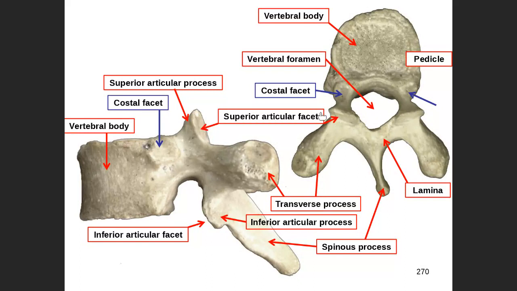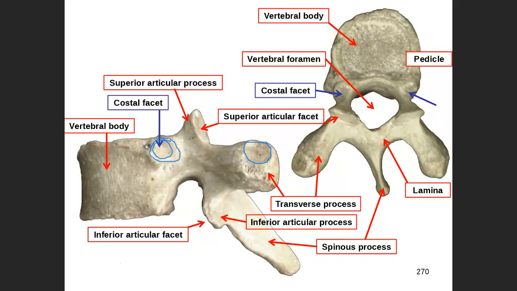Again, costal facets you are not expected to know for identification purposes for the lab test, but you should still kind of know where they're at. You can see the small, smooth, rounded indentation. That's the costal facet. That's where the head of the rib is going to nestle in. Over here you can see a little bit of an indentation that's smooth. That's where the costal tubercle, which is on the rib, articulates.